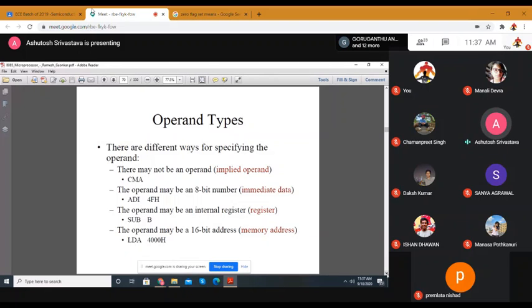So this statement, as we can see, would be loading the value into your accumulator with that of the contents that are stored in the 16-bit address 4000.